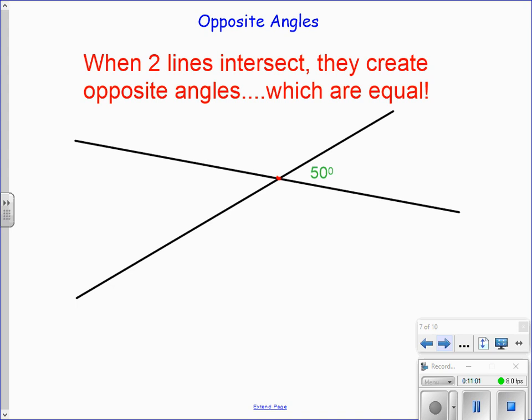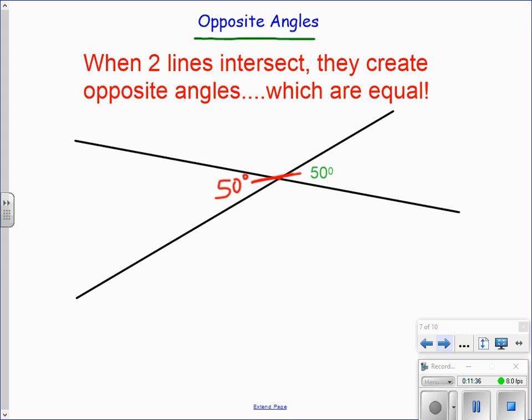First of all, these are called opposite angles because 50 has an angle right over here that is exactly opposite of the center where they intersect, and it has to create an exactly equal angle because those are the exact same two lines and they're just going in the other direction. So you're going to have the same angle here. This one has to be 50 degrees because it's exactly opposite of that one.